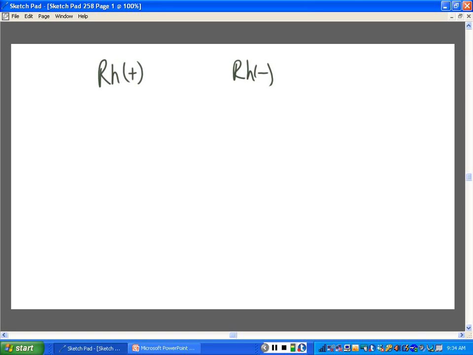You know what RH positive means? It means they have the RH antigen, one of them, or multiple ones. They have RH antigen. You know what RH negative means? No RH antigen.